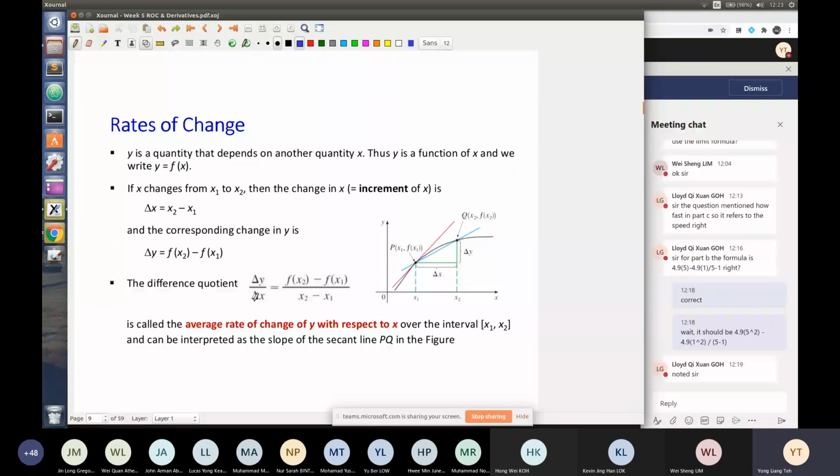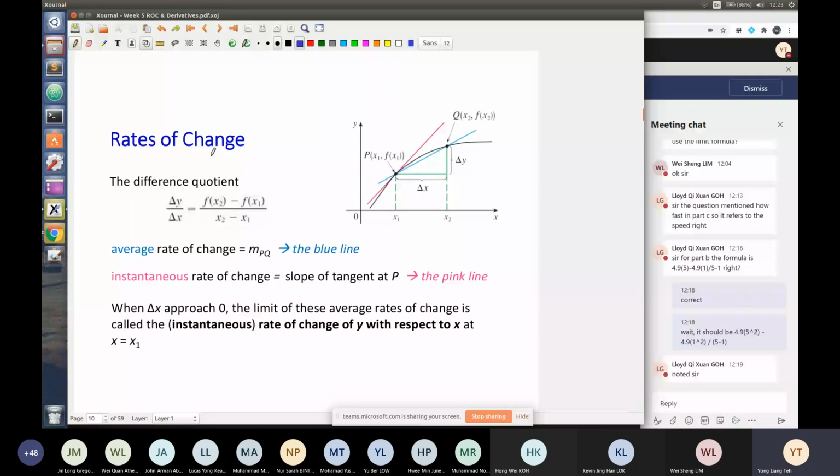This is something that we have seen before already. Instantaneous rate of change, and this blue line is giving us the average rate of change. I think you can pretty much go through this yourself. The average rate of change is given by the slope of the blue line, the secant line, and the instantaneous rate of change is given by the slope of the tangent line, which is this pink line here.